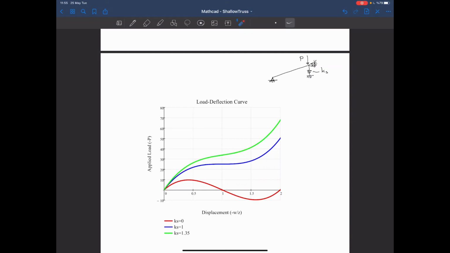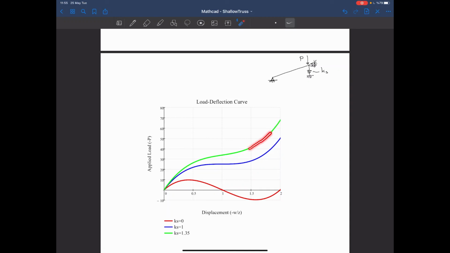Of course, the tangent stiffness changes in these 2 points, so the slope decreases, and after a while, as the compressive force on the system becomes a tensile force and W is larger than Z, we see a stiffening behavior.